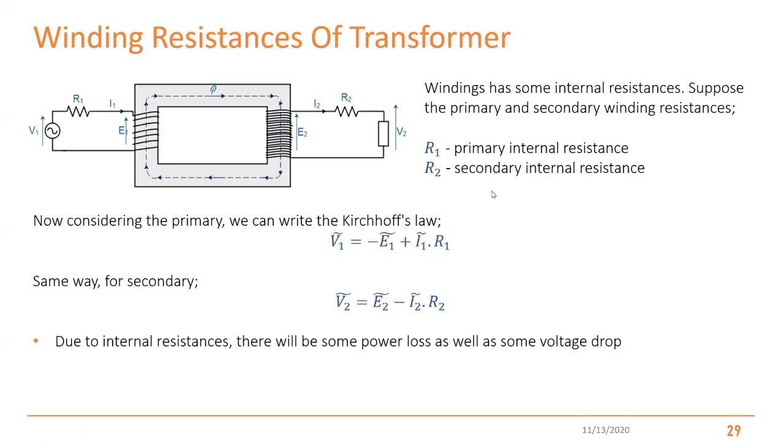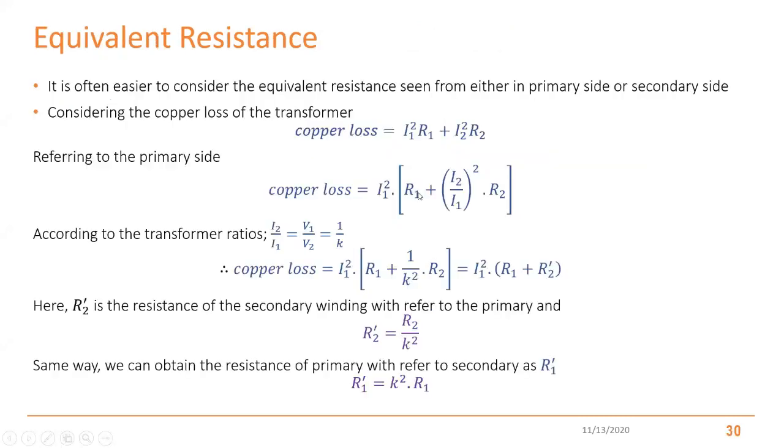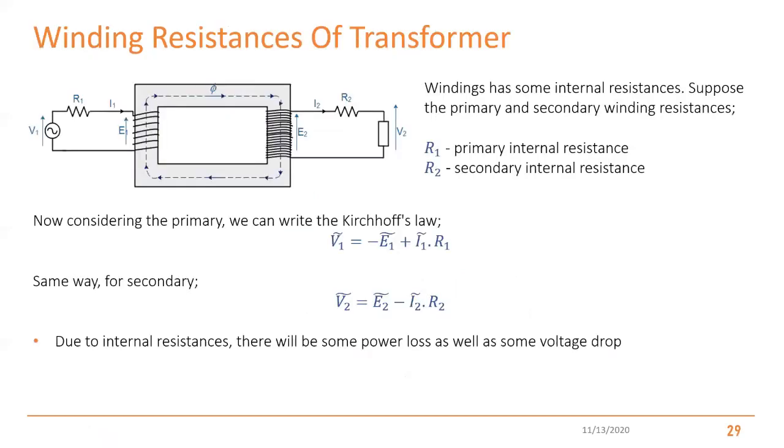Okay, now earlier in all our calculations and theoretical parts, when we derived theoretical equations, we assumed that the windings have zero internal resistance. However, this is not actually accurate.